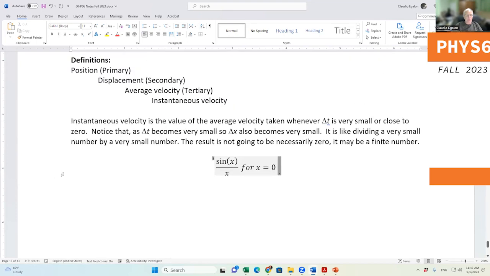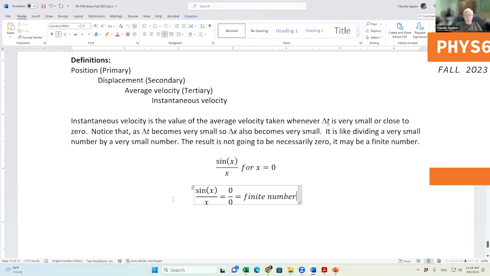This ratio here is not going to be 0. It's not going to be infinite. You may want to write that as 0 divided by 0, you may want to divide by 0. But this ratio that you see here is not going to be necessarily 0. It's not going to be an infinite number either. It may be a finite number.